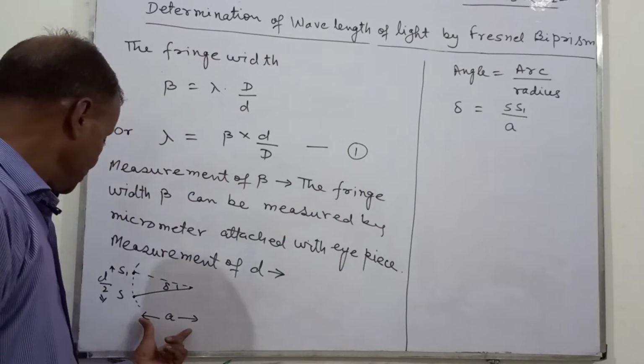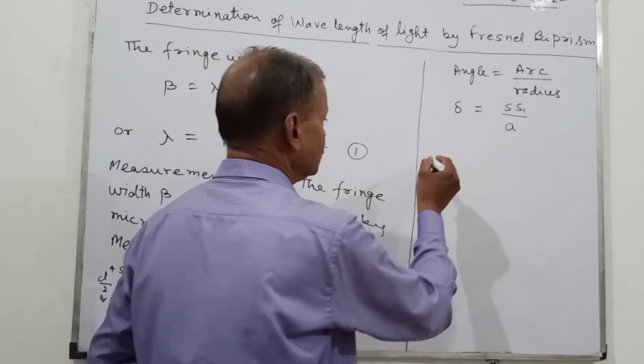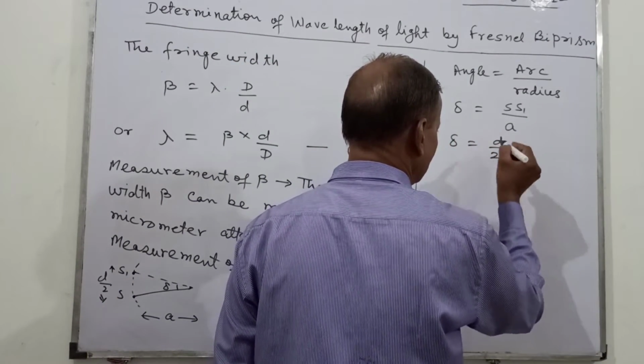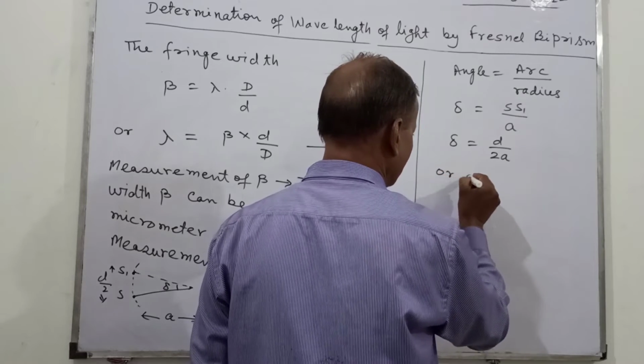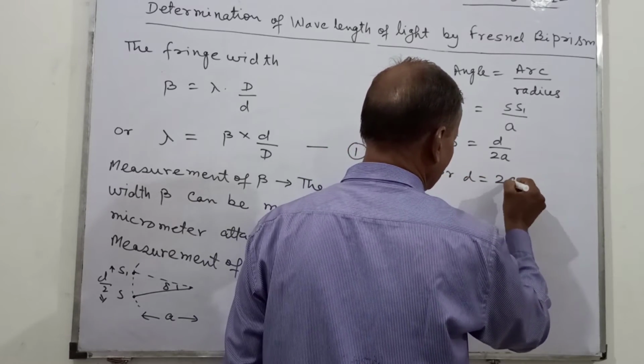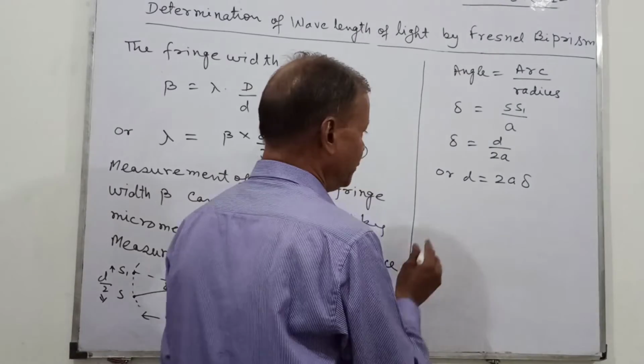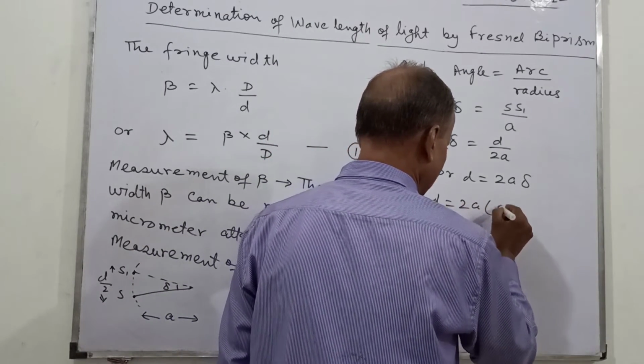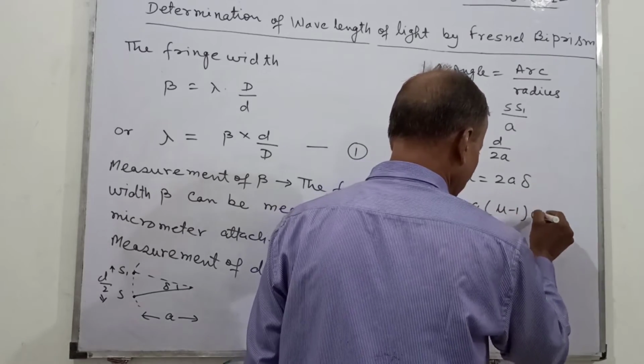This is d by 2. So delta equal to d upon 2a, or d equal to 2a delta. But we know that delta equal to mu minus 1 into alpha.